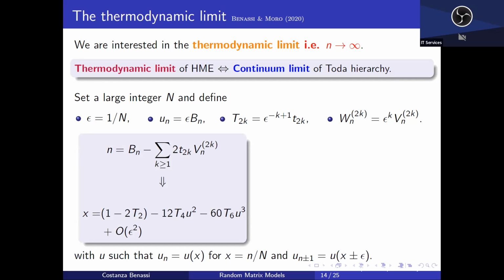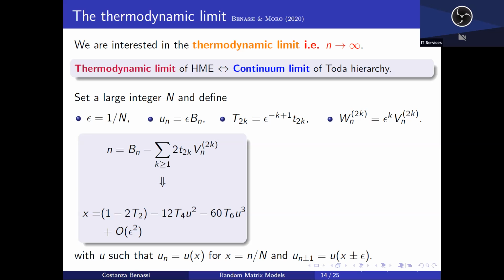Under this rescaling, if I take the continuum limit as epsilon gets smaller and smaller, and I call U the continuous function that I get, then this recursive equation becomes basically just a cubic in U, with the coefficients depending on the times. And here X would be the continuum limit for our discrete lattice parameter N. All right, so I'm moving from N to X and from B to U when I'm doing this continuum limit.